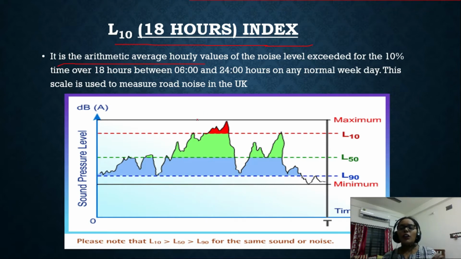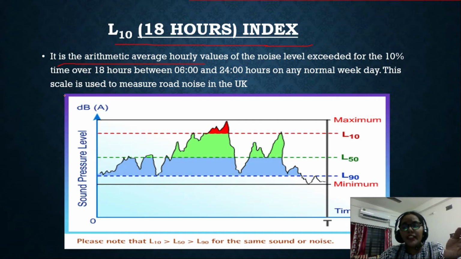Now, what happens generally in road traffic noise? There are so many vehicles, so many different sound levels that we are exposed to. So the L10 index is the arithmetic average of hourly values of the noise level which is exceeded for 10% of the time.